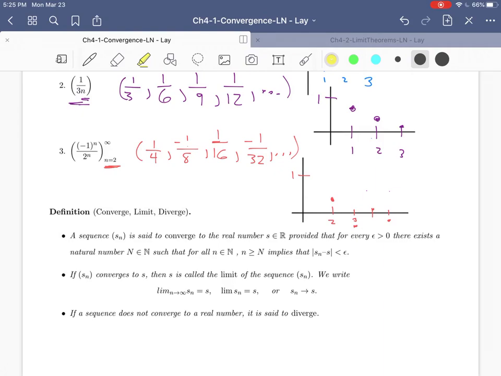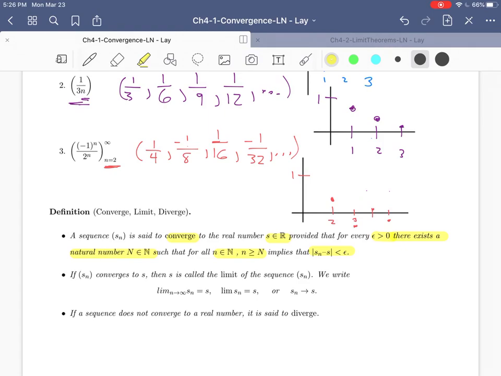So we say a sequence is said to converge to the real number s, provided for every single choice of epsilon that's greater than 0, there exists a natural number, big N, in the natural numbers, so that no matter what other value in the natural numbers you might choose, provided it is large enough, then the difference between the nth term in the sequence and the value that we think it's converging to is going to be less than epsilon.